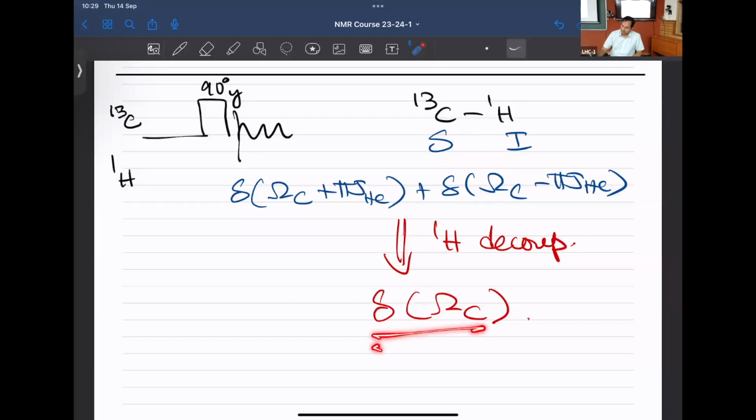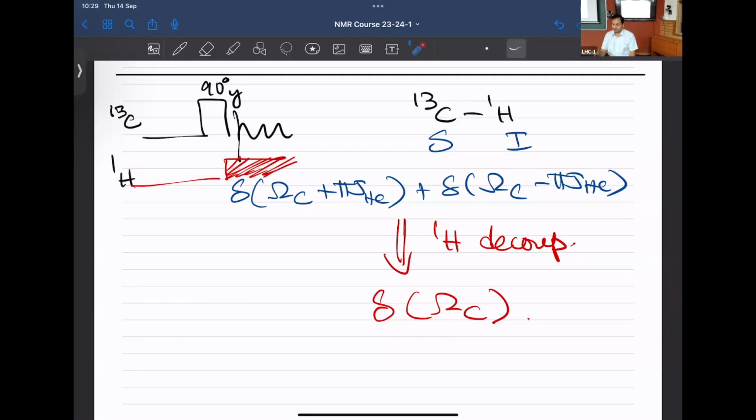So this way, the decoupling helps. So how will the pulse program look? It will have an additional element called decoupling, where during the acquisition, you will decouple. There are additional things that go with the carbon NMR experiment, where decoupling will exist throughout, which we'll try to see after midsem.